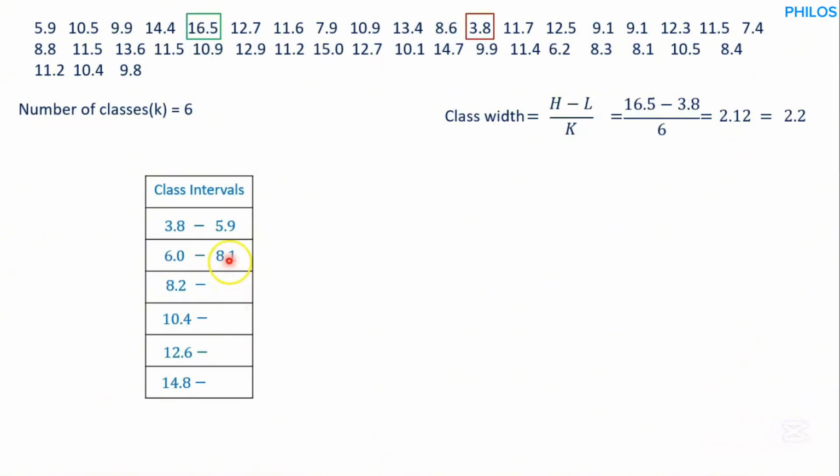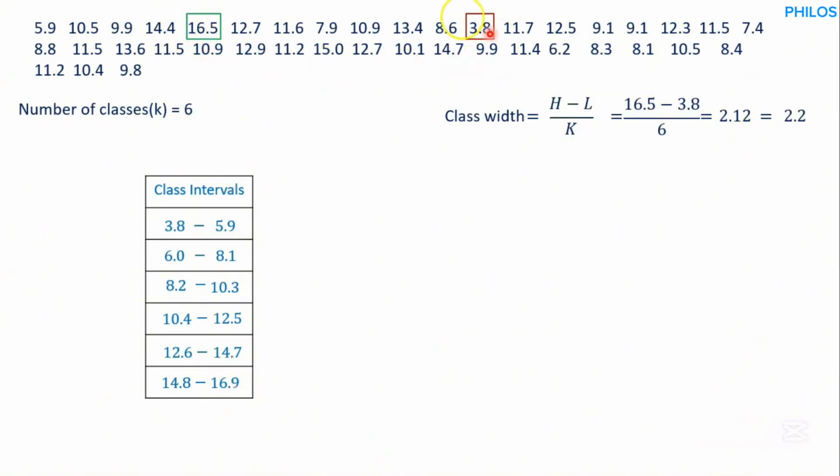Add 2.2 to this 8.1, I'll get 10.3. Then add 2.2 to 10.3, I'll get 12.5, then 14.7, then 16.9.